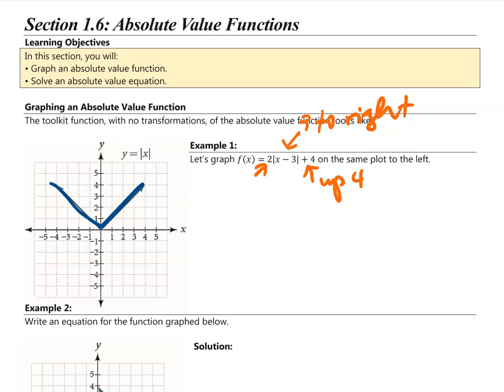So let's do that. If we move it 3 to the right, 1, 2, 3, and then you go up 4, 1, 2, 3, 4, and then that's a vertical stretch. So it's going to look like this. That is the graph of f of x.